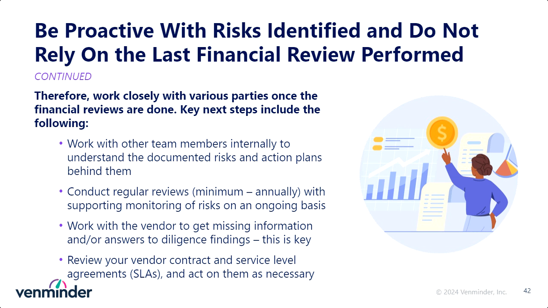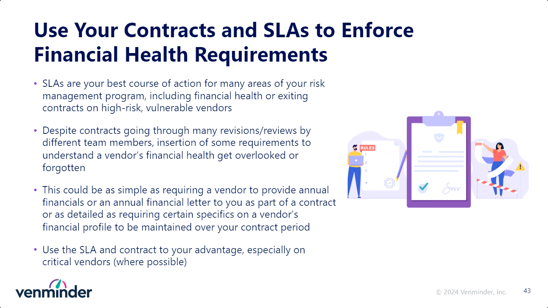It's always important to look at your contracts, both at the point of onboarding or pre-contract and vetting periods, or on a regular basis during the renewal or during a risk identification that you put forth after you perform these financial reviews. The contracts are your best way for enforcement around certain things. So if you want vendors to provide you regular financial information so you can perform regular reviews on a good cadence, include that in your contract.